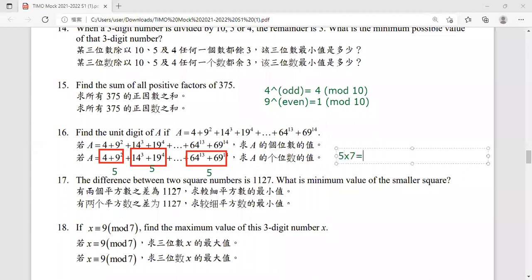You have 7 pairs. So the ending is 5. Just that, 7 pairs.